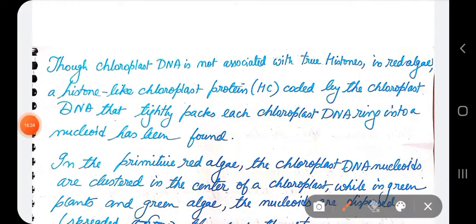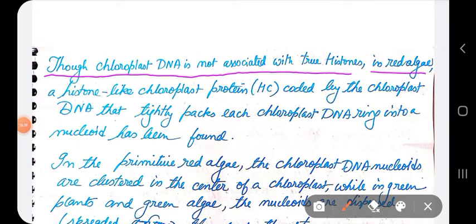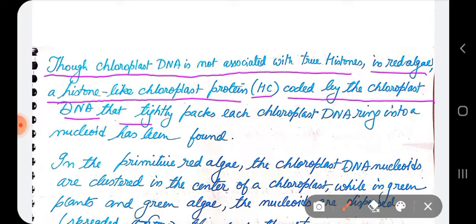Though chloroplast DNA is not associated with true histones, in red algae a histone-like chloroplast protein called HC protein, coded by the chloroplast DNA, tightly packs each chloroplast DNA ring into a nucleoid. So, though chloroplast DNA is not associated with true histones, that's why we term them nucleoids.